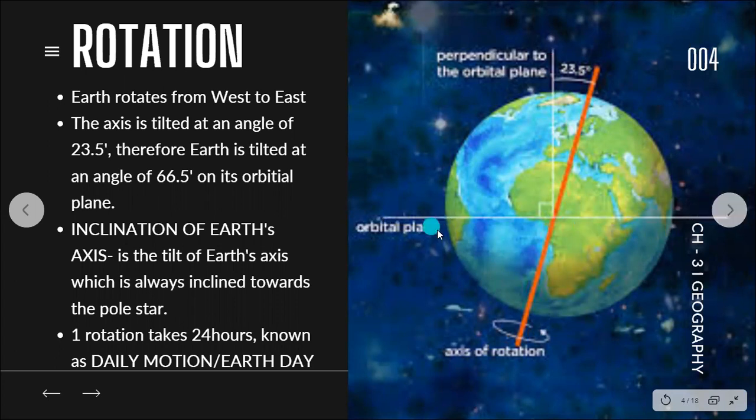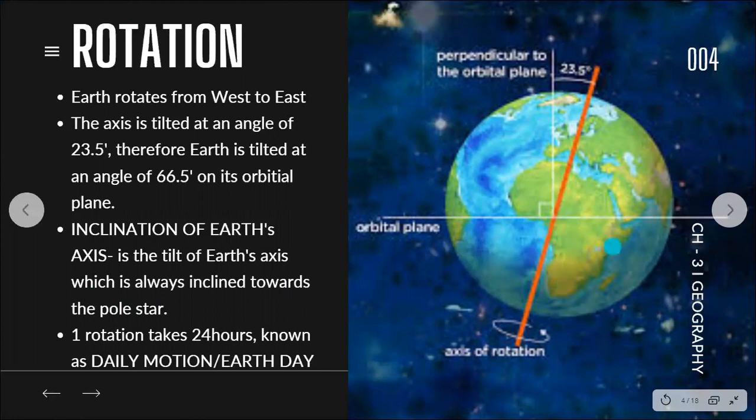So earth is tilted at an angle of 66.5 degrees on its orbital plane, while 23.5 degrees on its axis, right? Now when I say inclination of the earth's axis, what I mean is the tilt of the earth's axis, which is always inclined towards the pole star. So this axis is inclined towards the pole star, right?